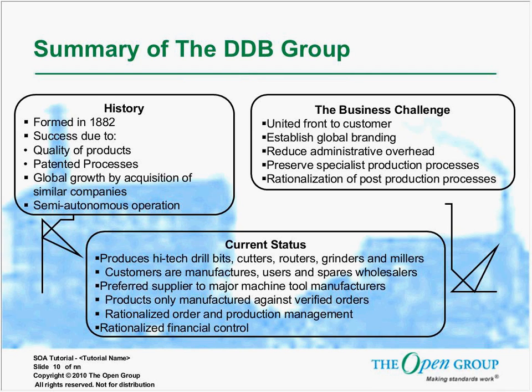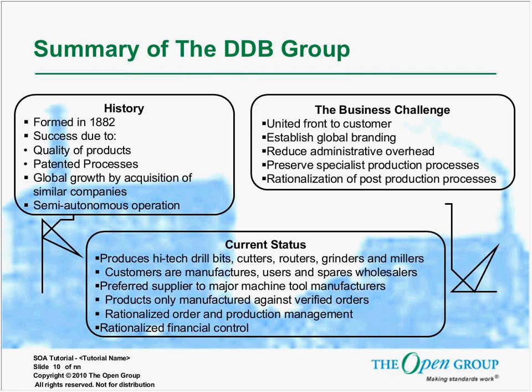They're a long-lived company. They were formed in 1882. They had success because they basically provided the best quality products. They had a patented product line. They protected those products and those patents effectively. And I would say that probably they became very successful mostly because they had such quality, high-end customer service.